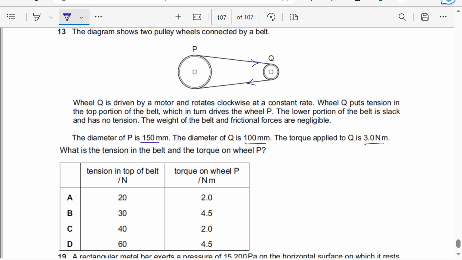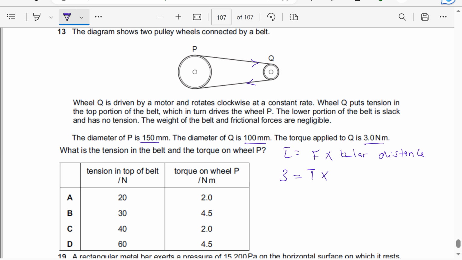Okay, so remember torque is going to be the product of the force and the perpendicular distance. So to begin with, the torque applied to Q is 3 newton meters, so we shall say 3 is equal to the tension in the top times the perpendicular distance, because the rotation is about the center.